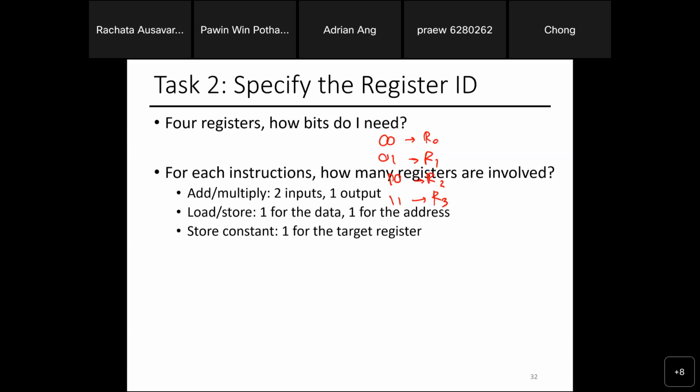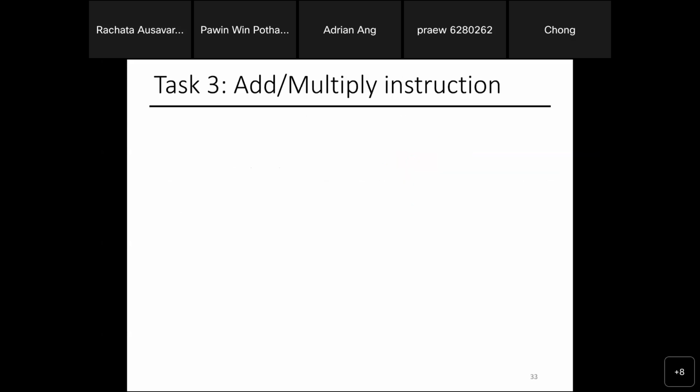Add and multiply involve 3 things: source 1, source 2, and destination. So 3 registers. Load and store, 1 for the data, 1 for the address. I want to store this data at this address, or I want to load from this address into this data. So 2 things. For store constant, it's 1, just the target. I want to store something at this address. Okay, now let's do, yes.